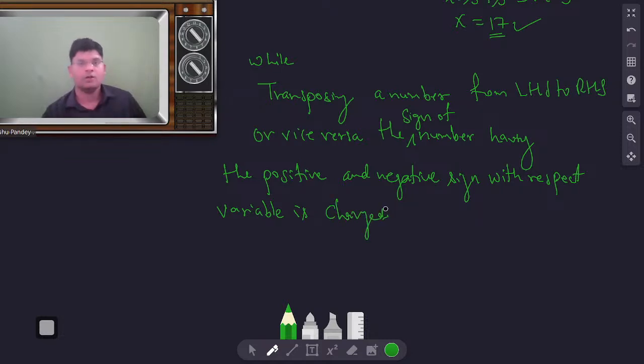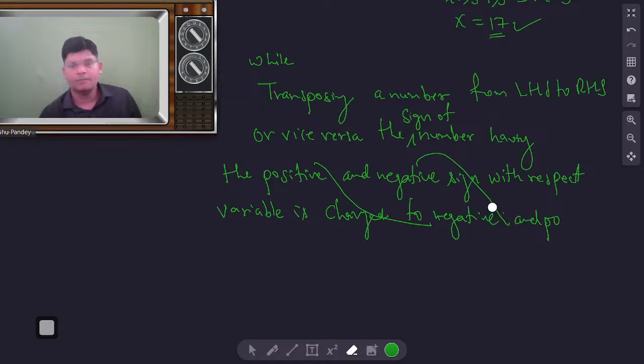Understood? While transposing a number from LHS to RHS or from RHS to LHS, the sign of the number having the positive and the negative sign with respect to variable is changed to negative and positive respectively. Yes, positive is going to be changed to negative and negative is going to be changed to positive.